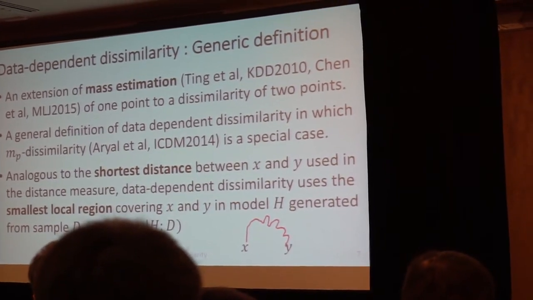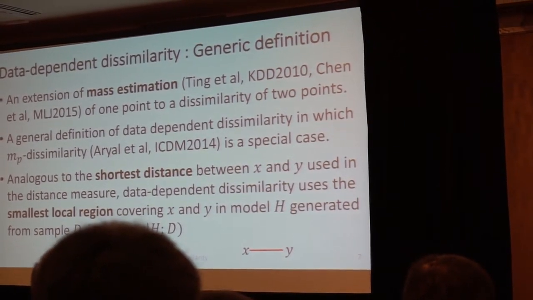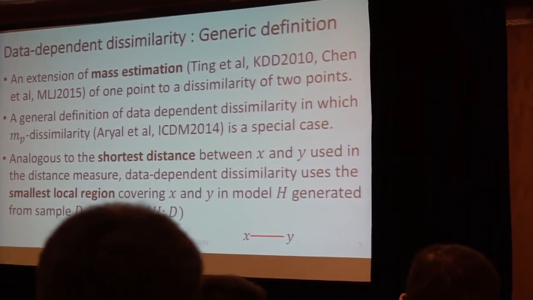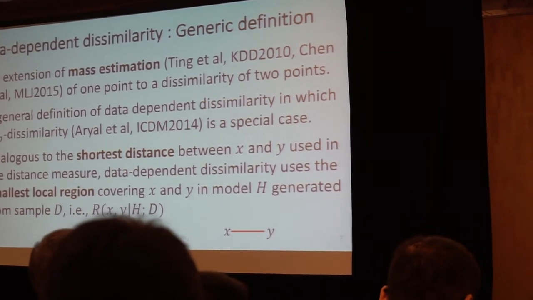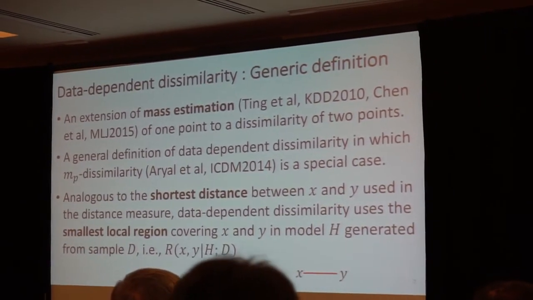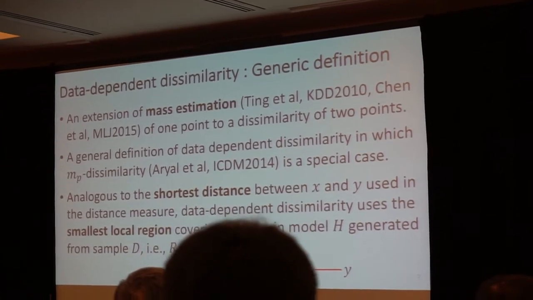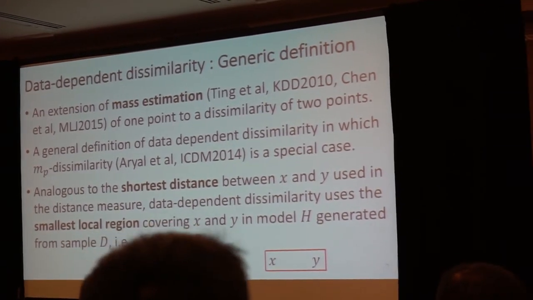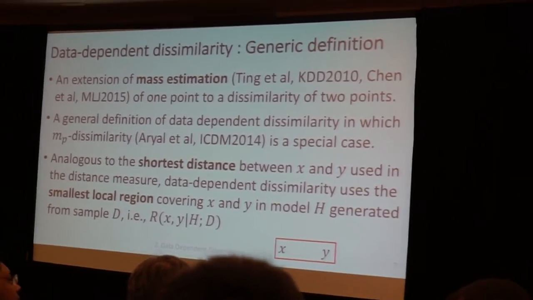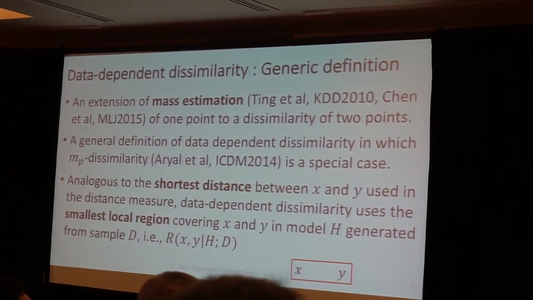What we want is the shortest distance between x and y. If you use a data-dependent dissimilarity, then the primitive you use is the smallest local region covering x and y, not any local region bigger than that.